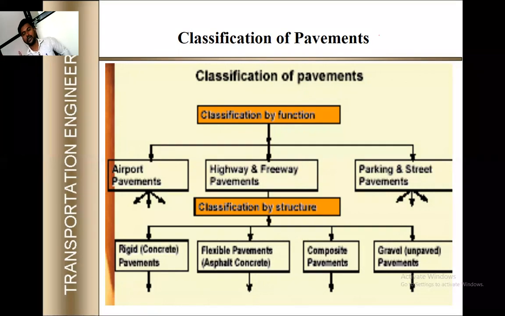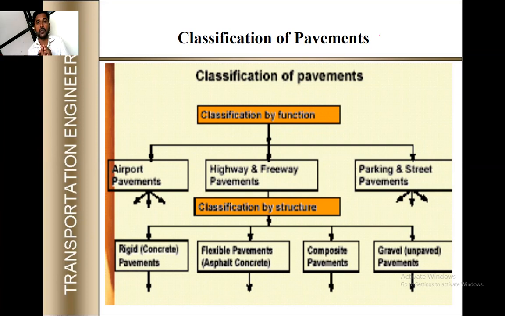First one is depending on its function, whether it is provided for the airport, or as a highway, then highway, and if it is provided for parking on the street, then the parking pavement. Then the classification by the structure: if it is made up of concrete, rigid pavement; made up of bituminous material, flexible pavement.